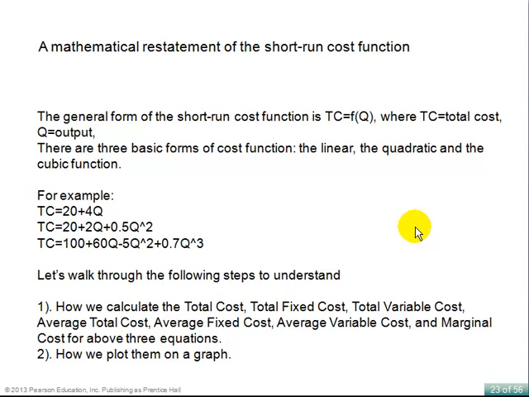In order to help you with your homework, let's go through this mathematical restatement of the short-run cost function. The general form of the short-run cost function is TC equals F plus f(Q), where TC is the total cost and Q is output. There are three basic forms of the cost function: the linear, the quadratic, and the cubic function.